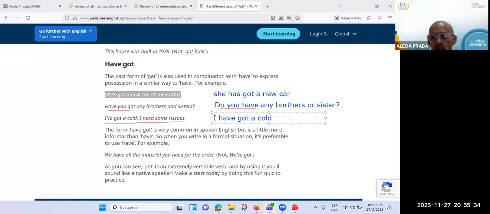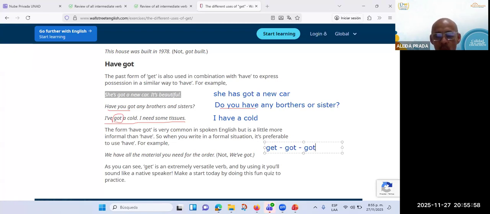But in American English, we only say, I have a cold. Okay? And this got is the past of get, no? Remember that the verb get is get in present, got in past, or got in past participle.